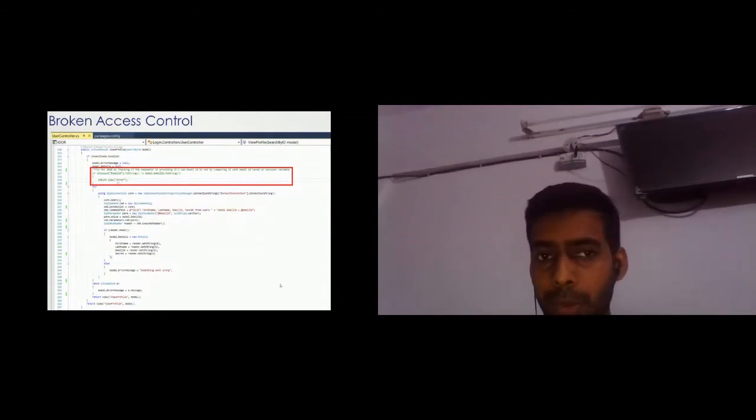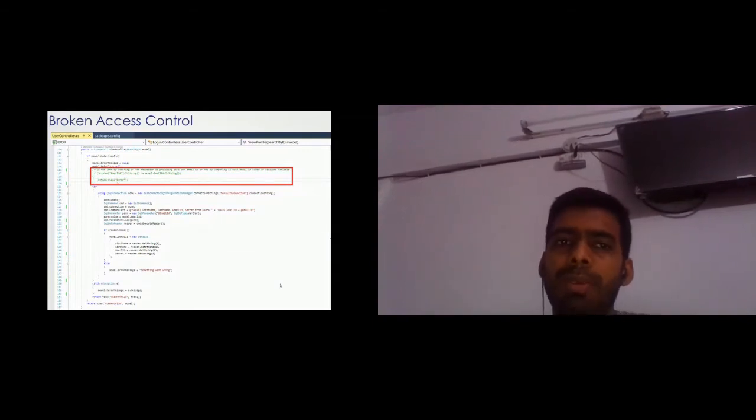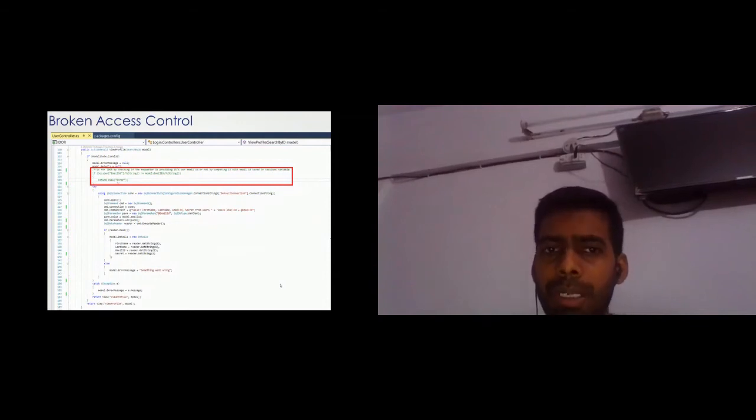But what's the problem here? The problem is there was no check implemented by the developer to make sure that the user is providing his own email ID, or someone else's email ID. There was no check at all.